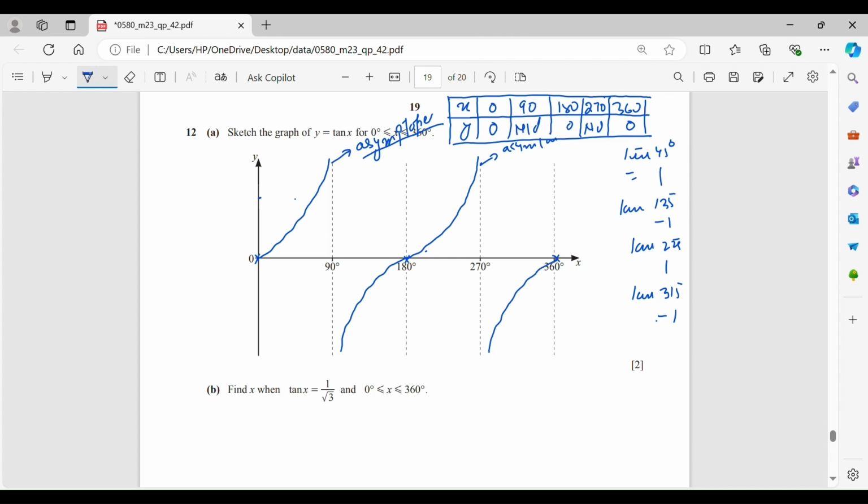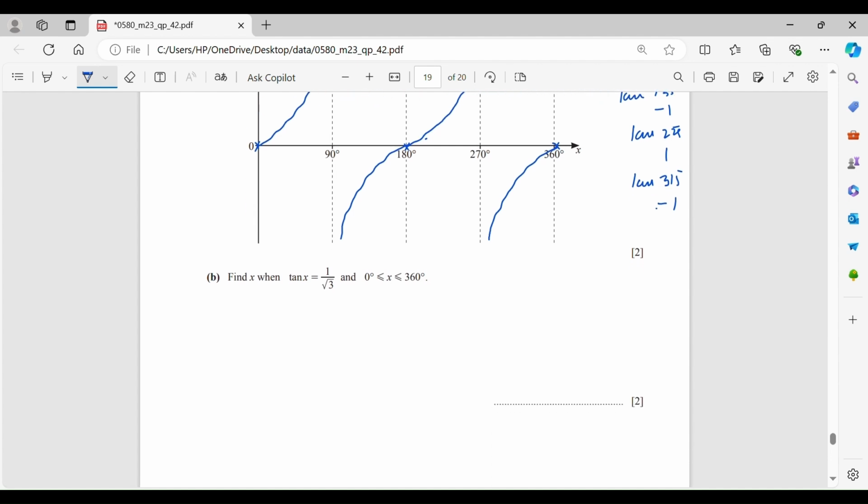Next, b part is find x when tan x is this. Now x will be equal to tan inverse of 1 by root 3. So x here will be equal to 30 degree. Now we have to find the value between this.